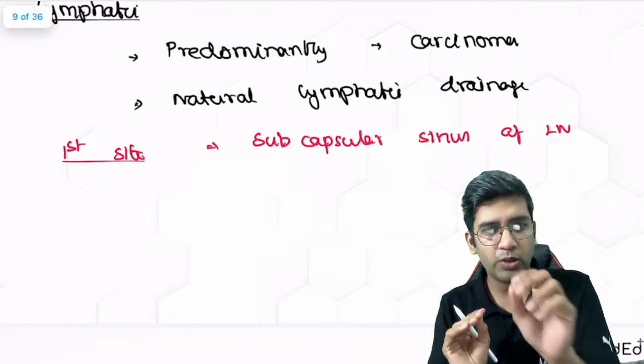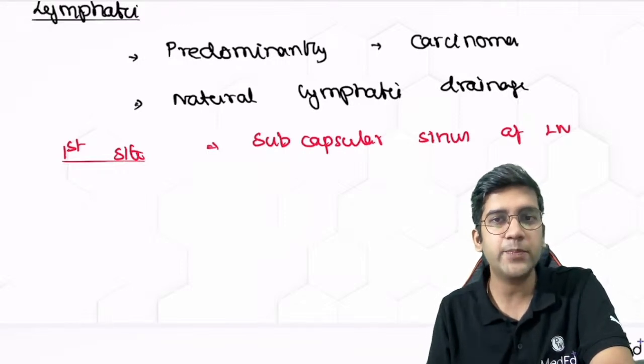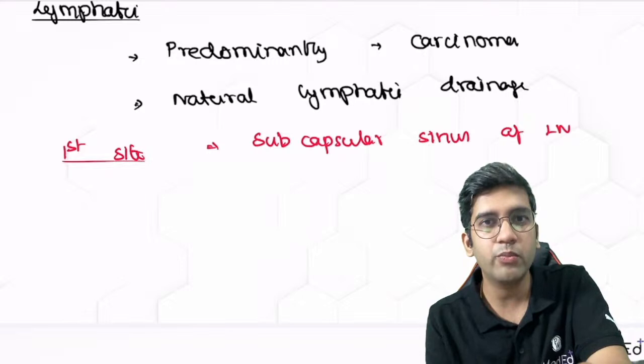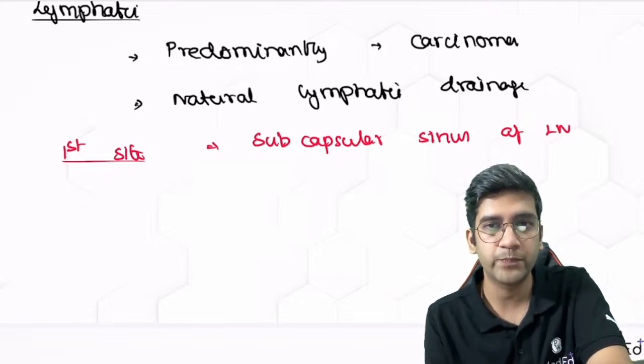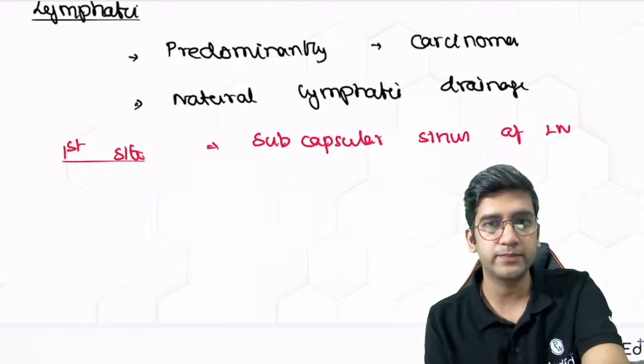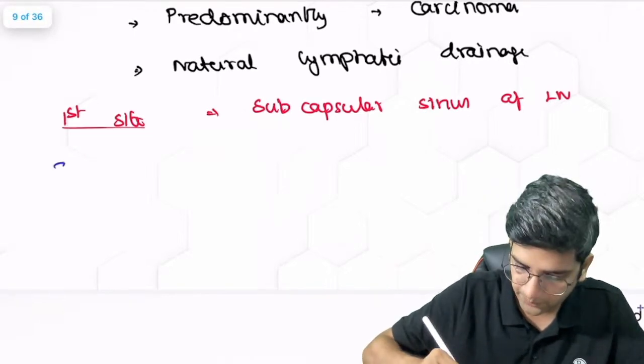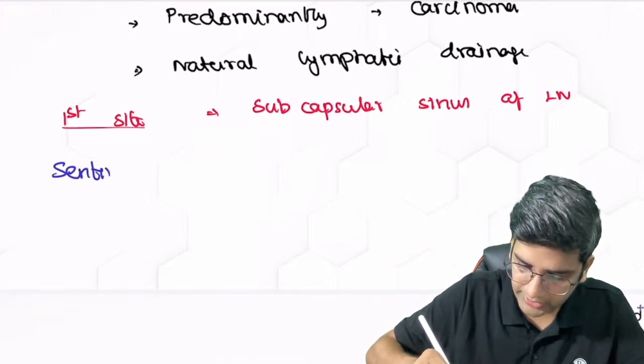There's one more piece of information which I'm sure most of you must know. What is the lymph node which first receives the metastasis called? The regional lymph node which receives the first drainage, what do we call it? We call it the sentinel node, right? Perfect.